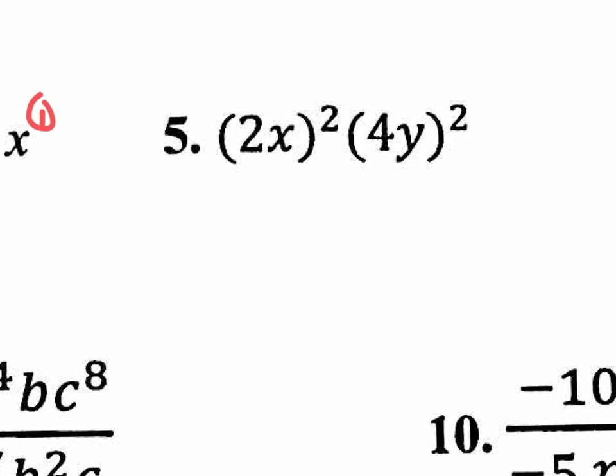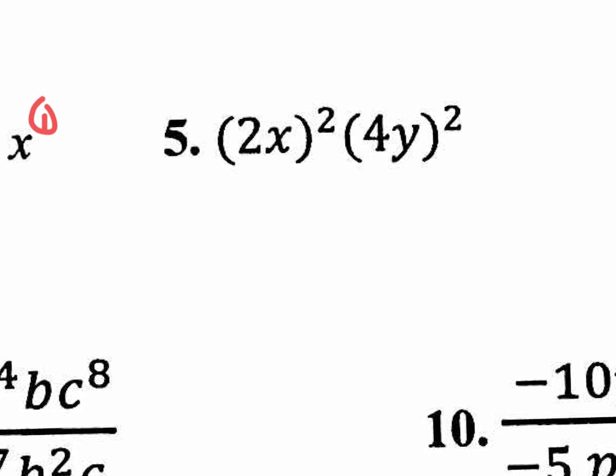So let's do number 5. Now, there's different ways of doing this. One way is to actually think, okay, 2x to the second, that really means 2x times 2x, and that will be 4x squared. Because 2x times 2x, 2 times 2 is 4, and x times x is x squared.